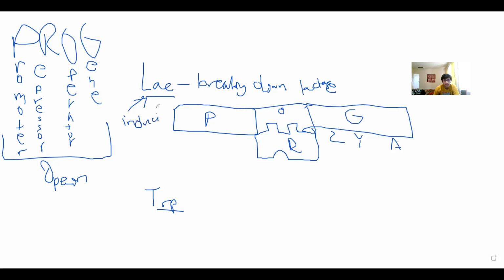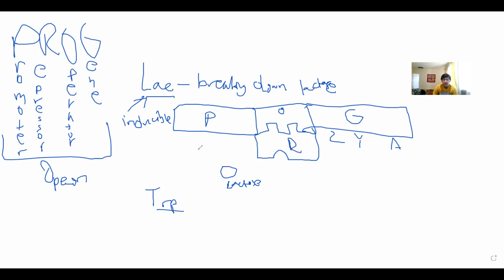is an inducible operon. What that means is, once lactose is produced, it's actually another form of lactose called allolactose, so let's pretend this is, but we'll just call it lactose. Either way is fine, you just need to understand the concept.